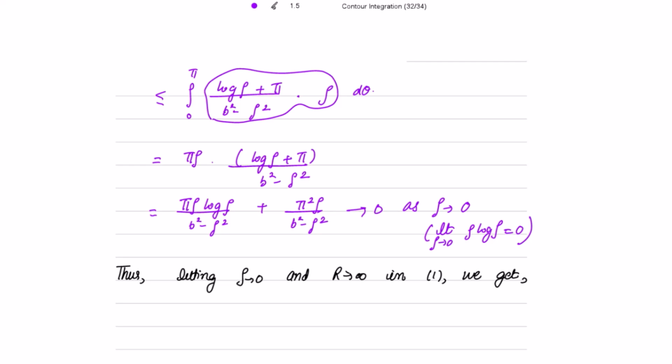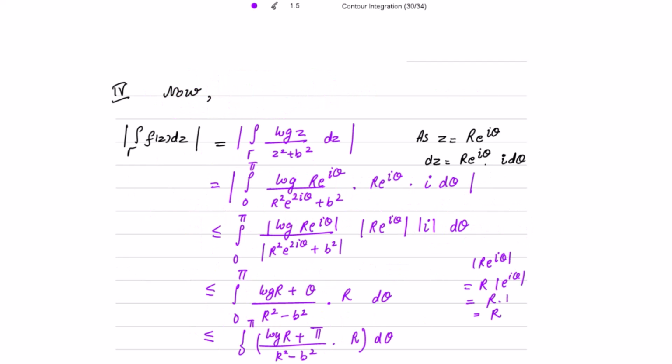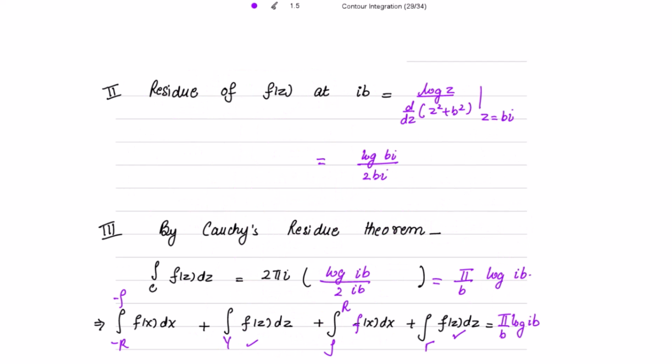Which means, by letting limit r tends to infinity and rho tends to 0 in the first equation, we have these two integrals which are tending to 0. So marking this as 1 and letting r tends to infinity and rho tends to 0 here, right?